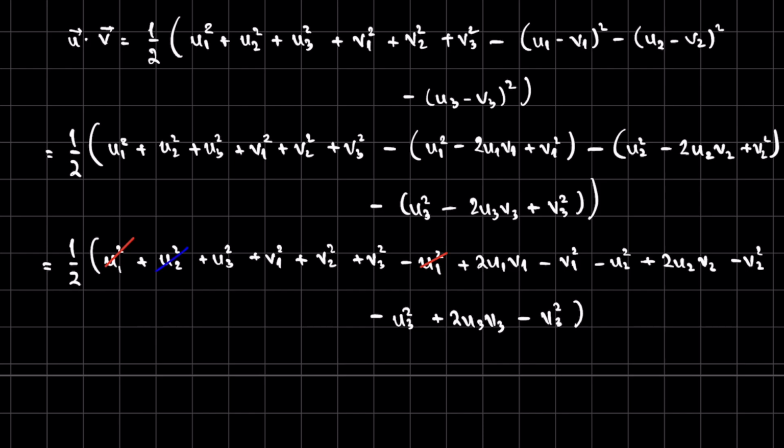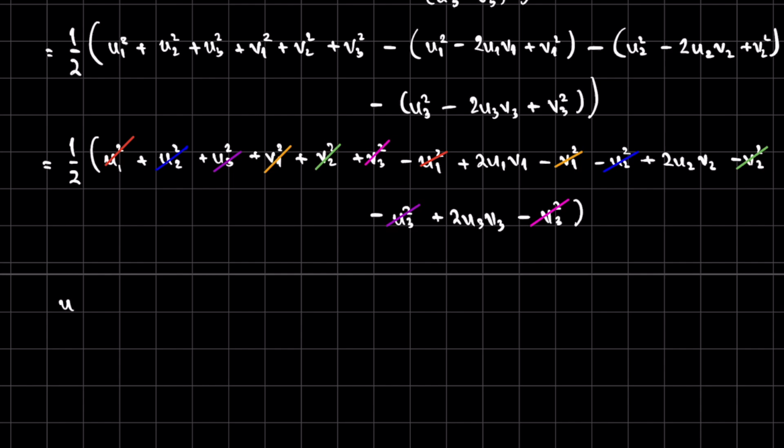So u2 square and negative u2 square, u3 square and negative u3 square, v1 square and negative v1 square, v2 square and negative v2 square, v3 square and negative v3 square. And technically, we're left with just 2 times u1 v1 plus 2u2 v2 plus 2 times u3 v3.